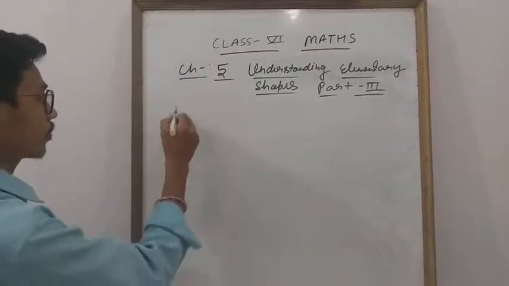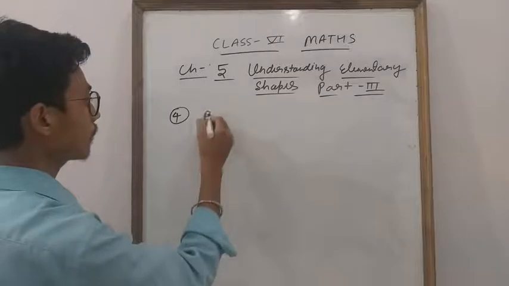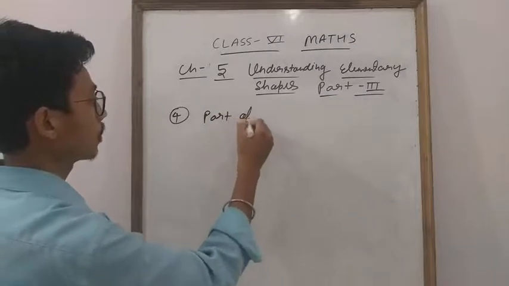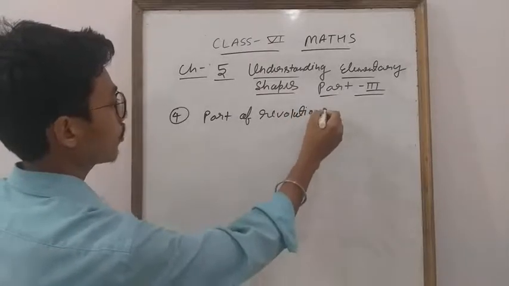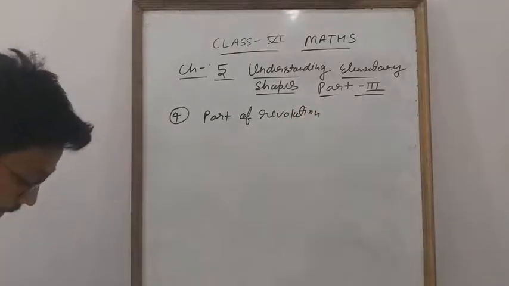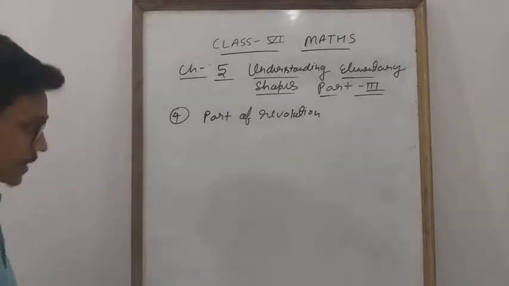See, you have to also find out what? Question number 4, part of revolution. It means you have to find out the fraction. What is given? From east, turn clockwise to face north. This is east. East and turn clockwise to face north.